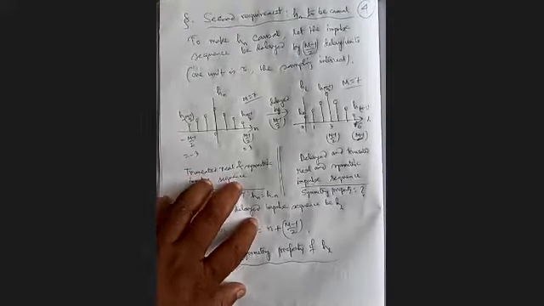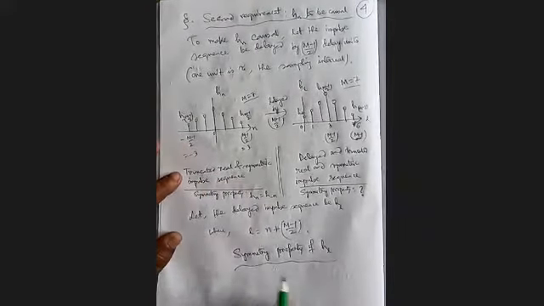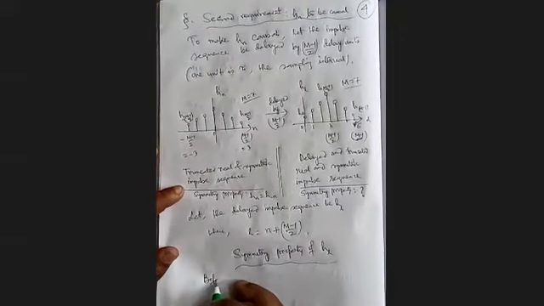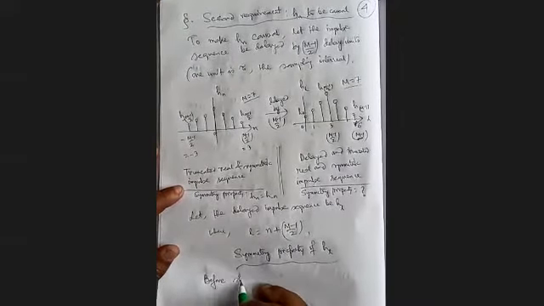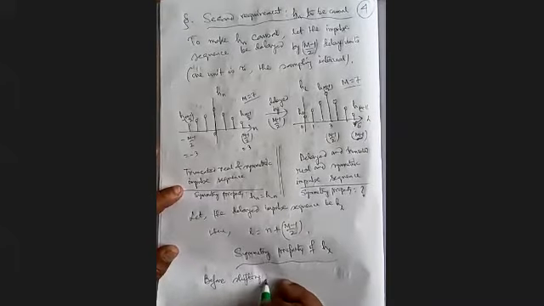Now, before time shifting or before the delay operation, we know it is h(n) equals h(minus n). Now after shifting by (m minus 1) by 2 units, we are just introducing a delay of (m minus 1) by 2.